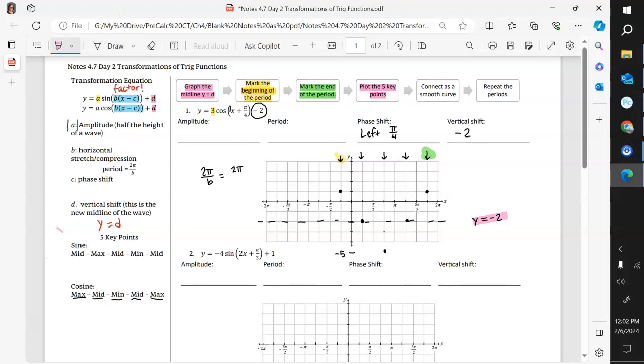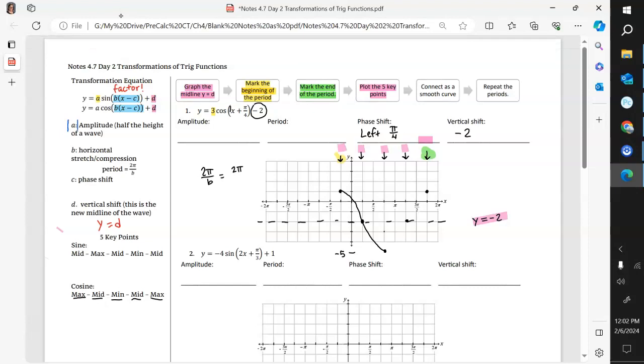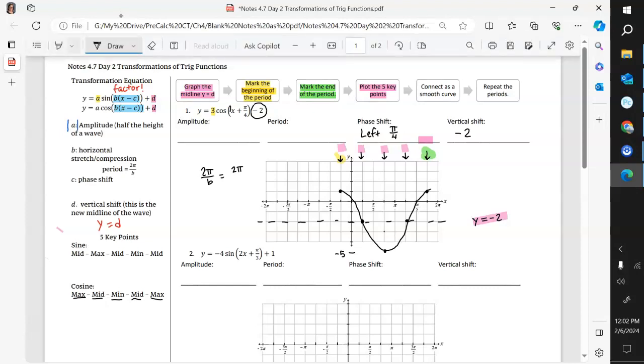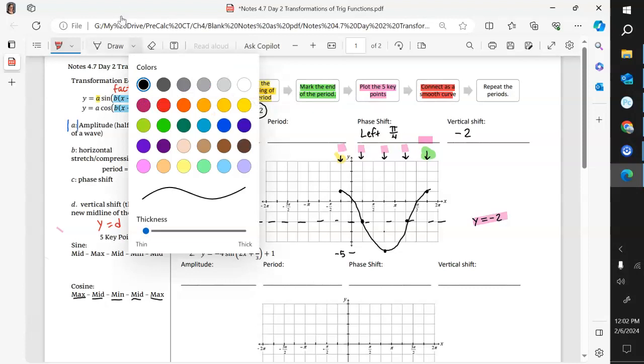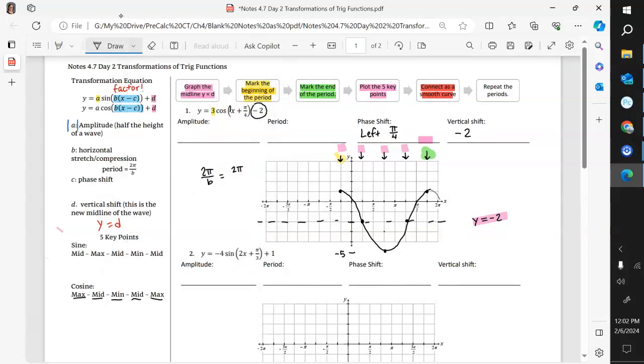I just plotted those 5 key points. And then I want to connect those points with a smooth curve. So I'm going to swoop down and connect, making that smooth curve. I'm just connecting those points. And then I have the entire graph, so I'm going to just repeat it using the period.